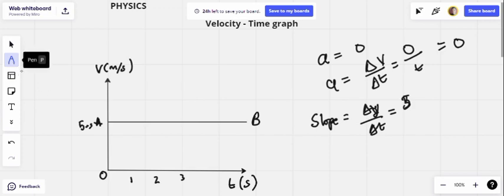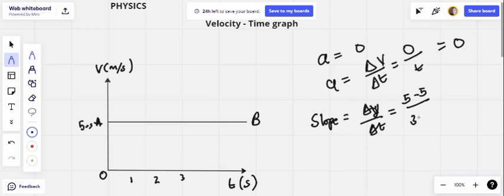Our initial velocity at time 0 is 5, and at time t equals 3 seconds, our final velocity is still 5. So that would be 5 minus 5 over 3 minus 0, which is 0 over 3, to give you 0. So the slope still gives you 0.